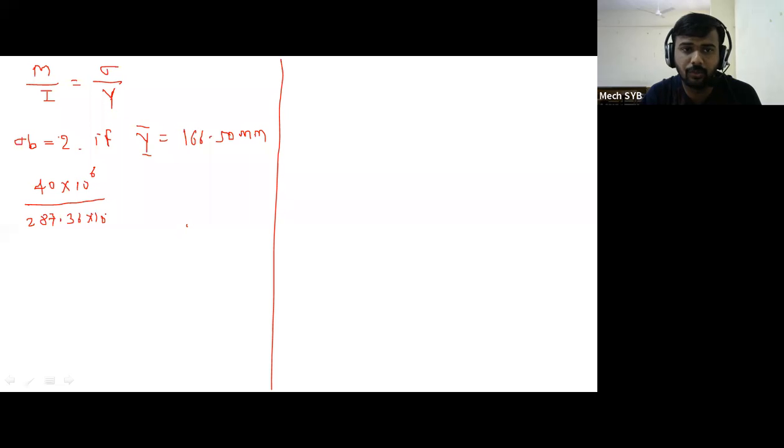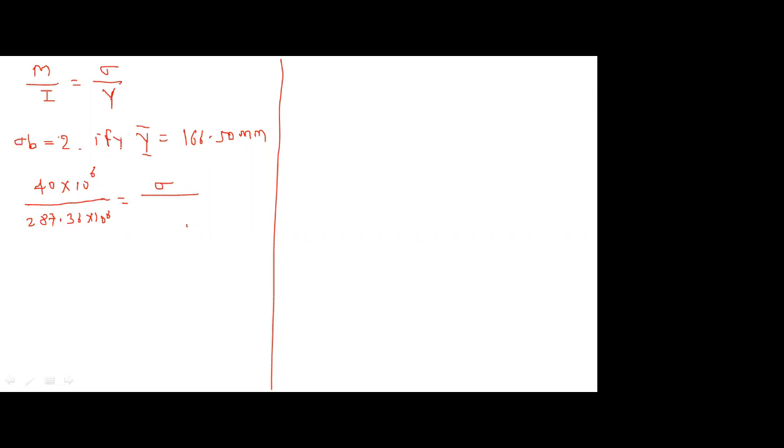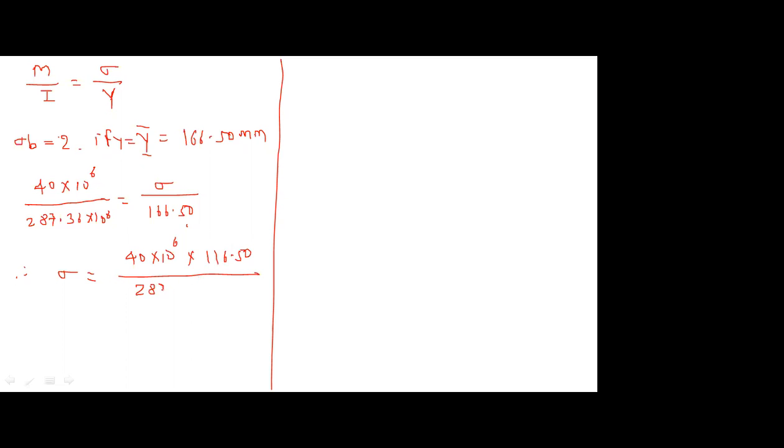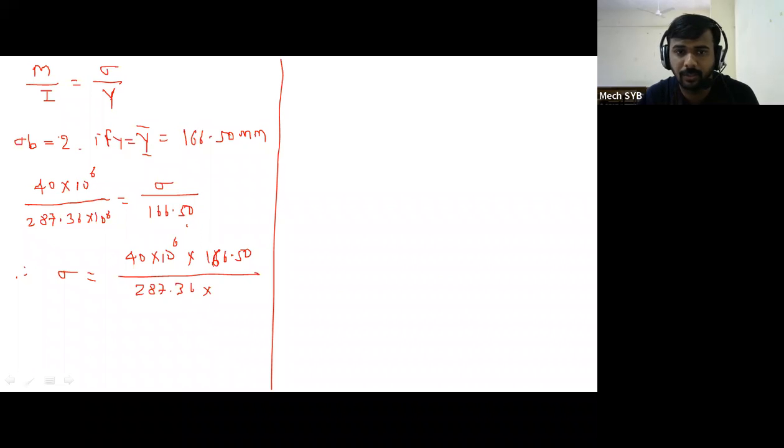So 287.36 into 10 raised to 6 is equal to sigma divided by the first y bar, capital Y, is equal to y bar, is equal to 166.50. So here sigma will be equal to 40 into 10 raised to 6 into 166.50 divided by 287.36 into 10 raised to 6.